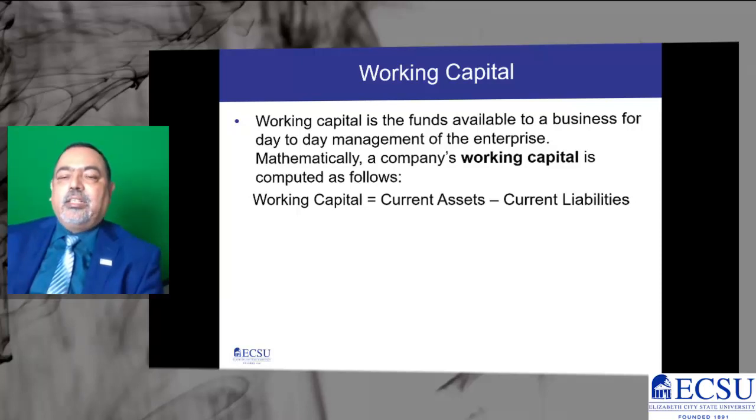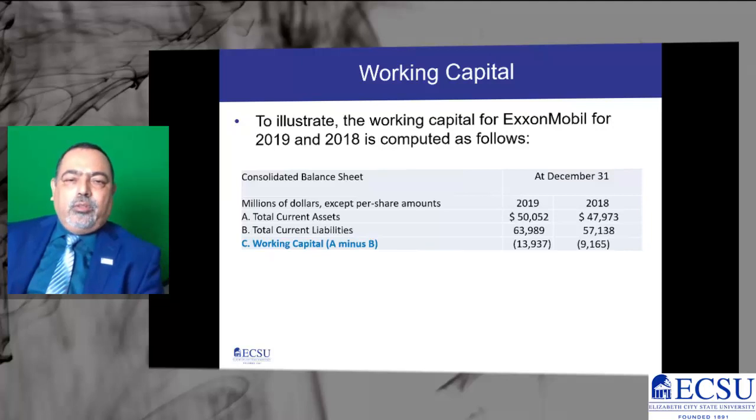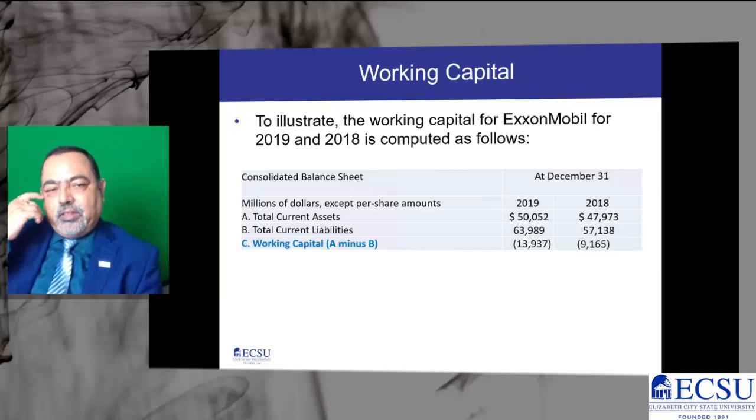So we'll just list the current assets, list the current liabilities, and take the difference; that will give you the working capital. Now, to illustrate working capital, I have again taken the data for ExxonMobil for 2019 and 2018. That's the latest balance sheet that was available.